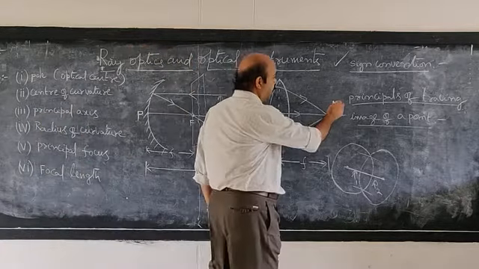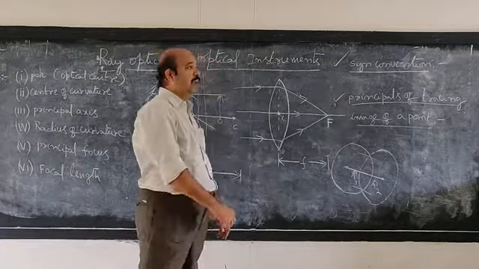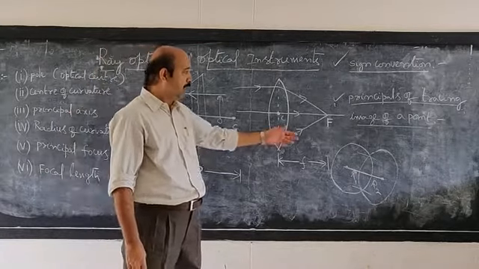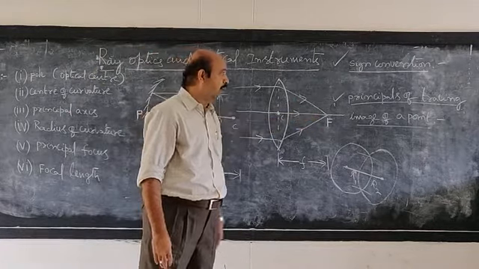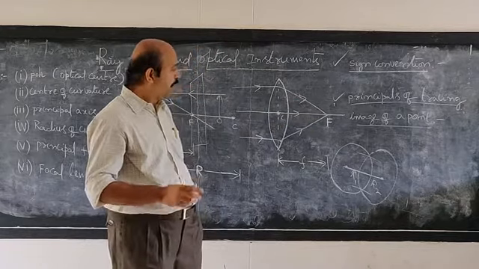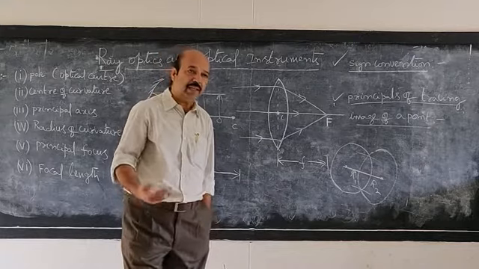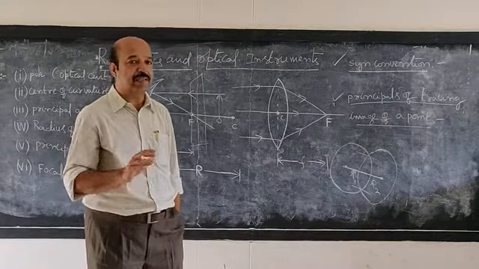Another important thing you are supposed to know while tracing the image formed by a mirror or a lens is the principles we have to follow while tracing the image of a point, either in the case of a mirror or in the case of a lens.